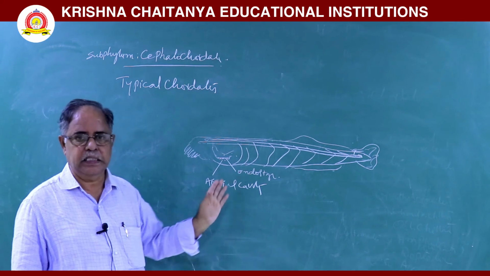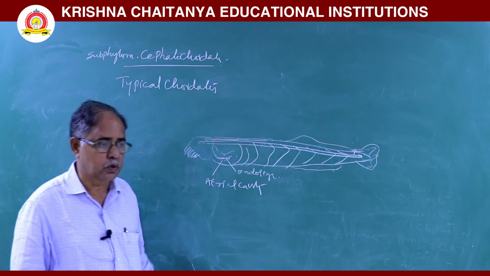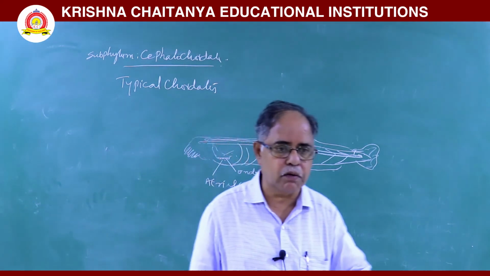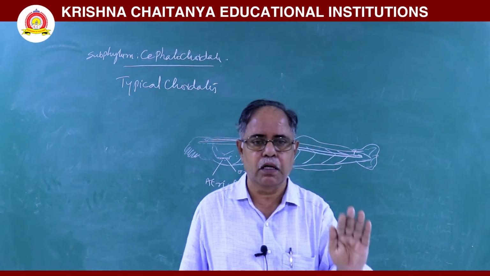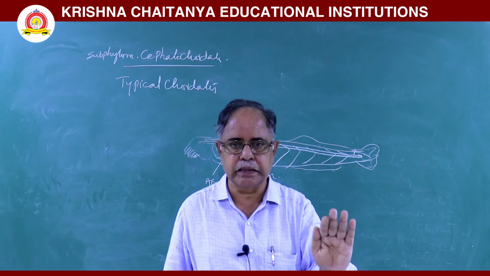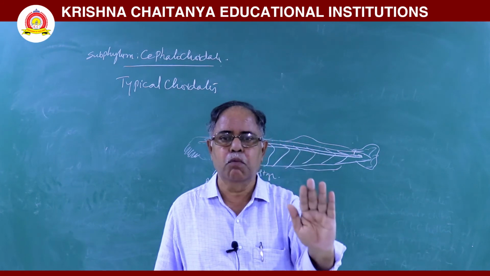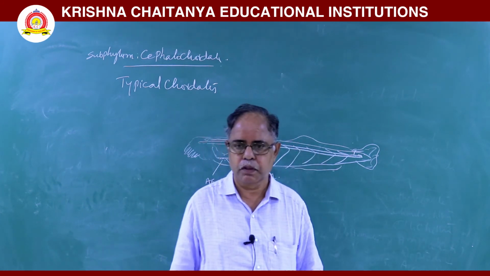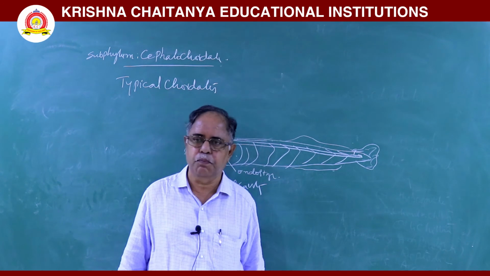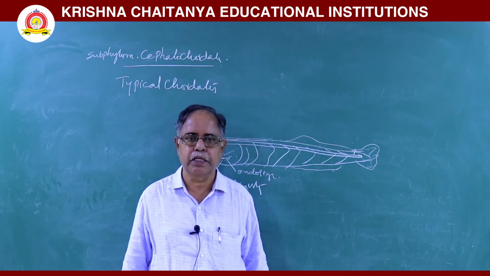Next, external fertilization occurs. During developmental stages, one larva is seen. That larva is called the ammocoete larva. Example, amphioxus or Branchiostoma.